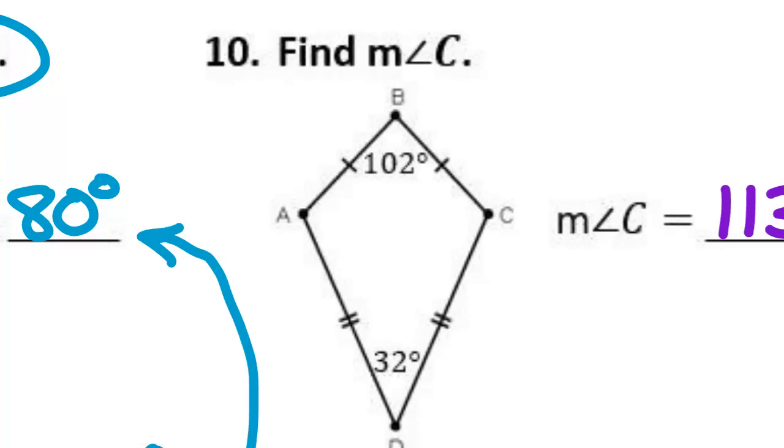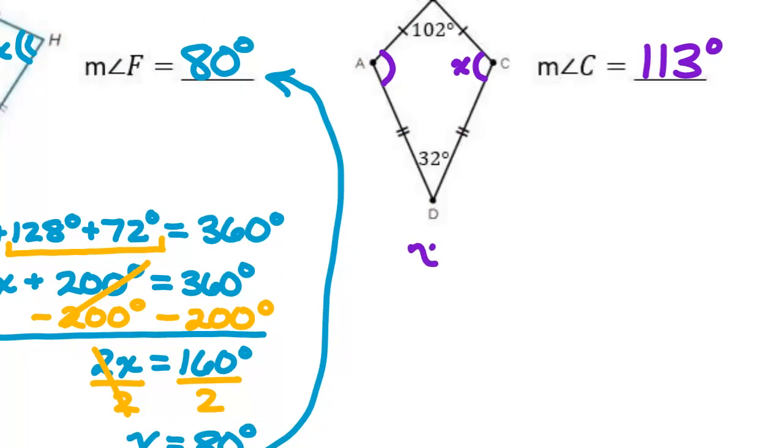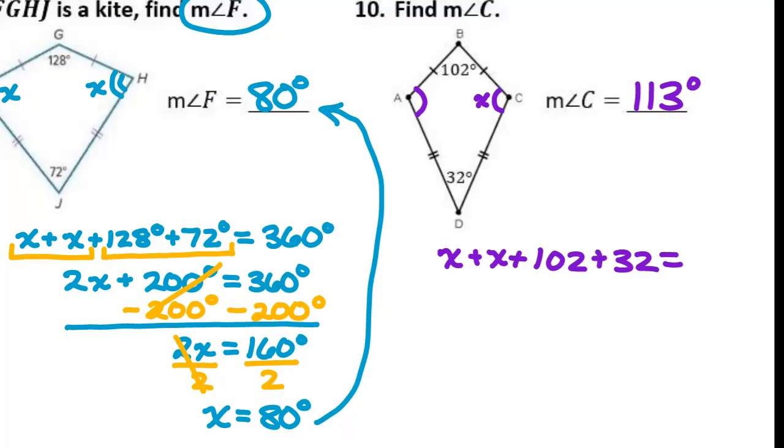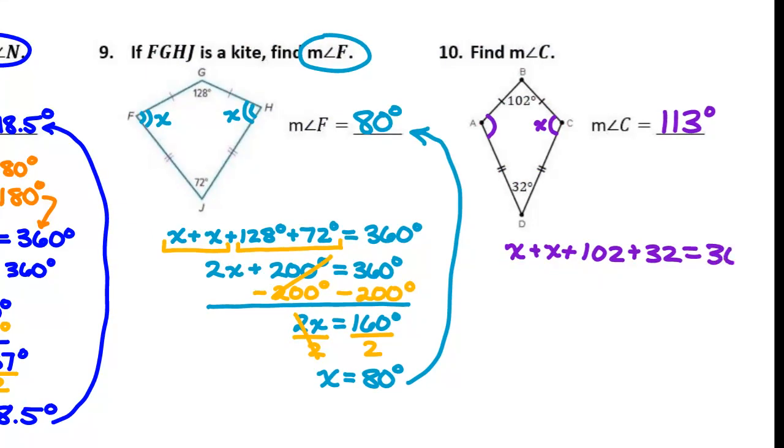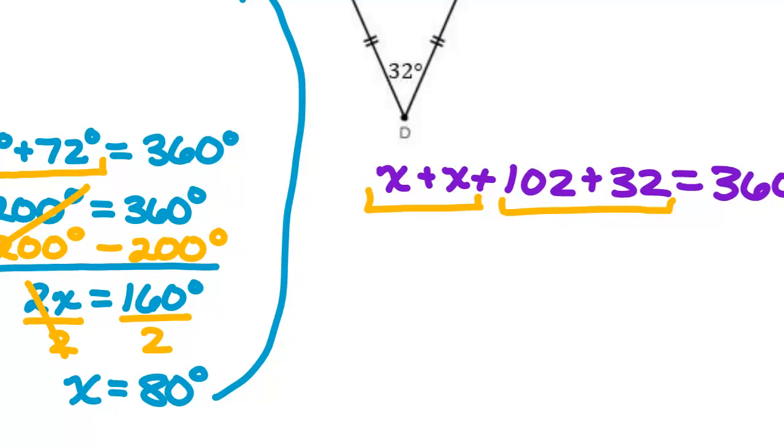So we're looking for the measurement of angle C. We're going to call that x. Angle A is congruent to it. So I add x plus 102 plus 32. And I set that equal to 360. So then I combine my like terms together. X plus x gives me 2x. 102 plus 32 is 134.